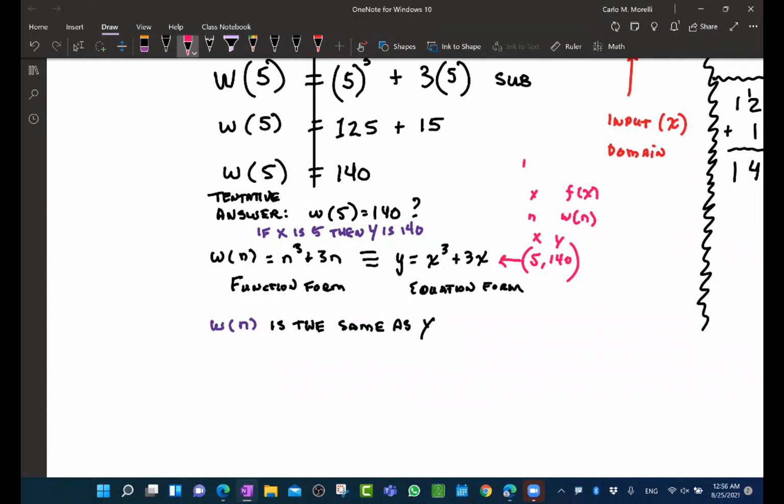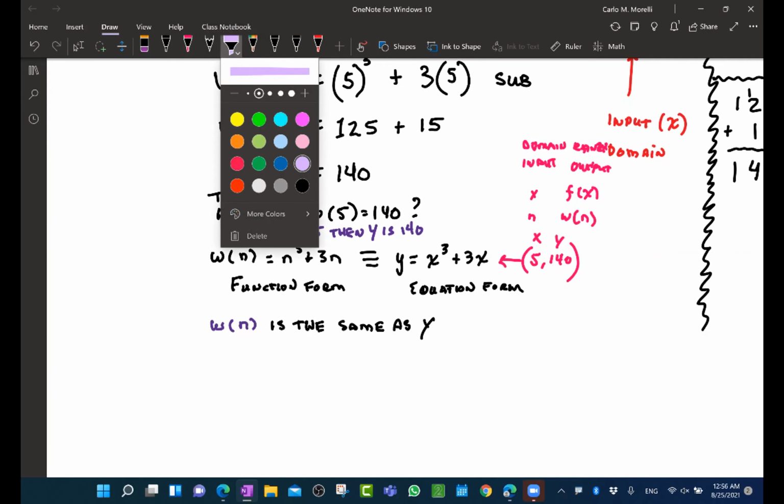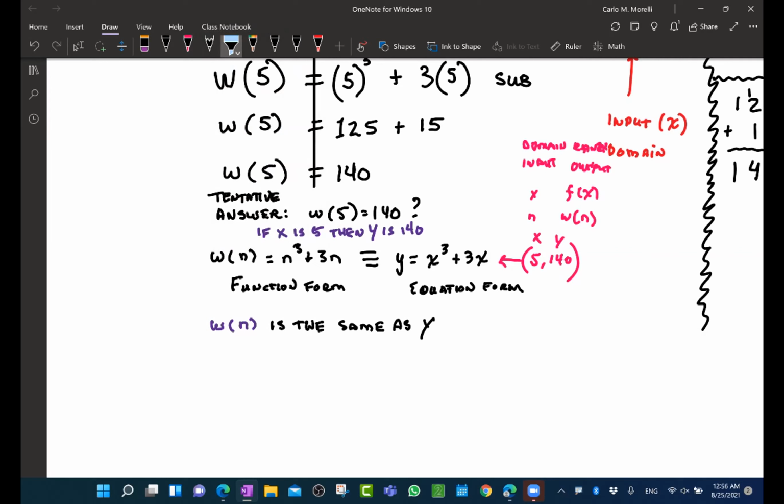Okay, this is the input. And this is the output. This is the domain. This is the range. So what I'm getting at here is, if I were to go graph this line, I should find this coordinate pair on that line. We'll get to the graph in a second.